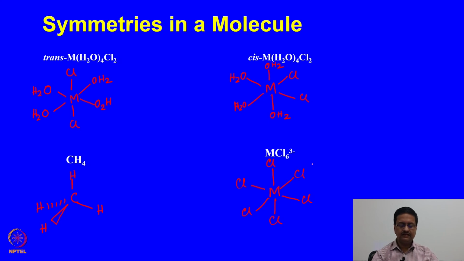Once you find the symmetry elements present in these, I hope you will be able to understand how to derive these symmetry operations in any given molecule. We will discuss some more molecules during a tutorial, but till then you should practice identifying symmetry elements by taking any molecule that you may think of. We will continue in the next class from this point.